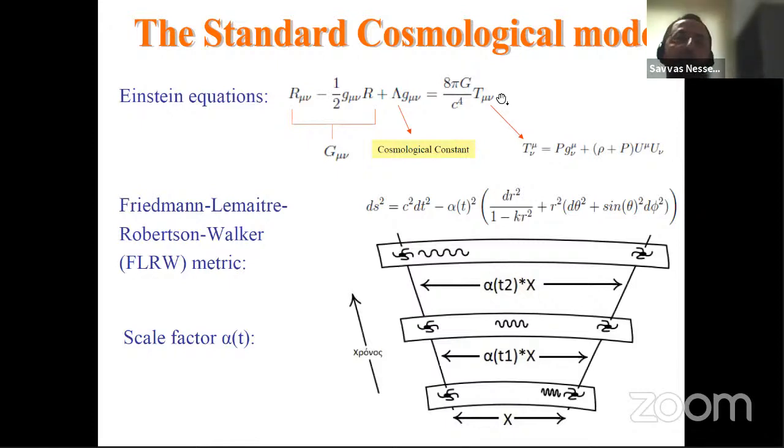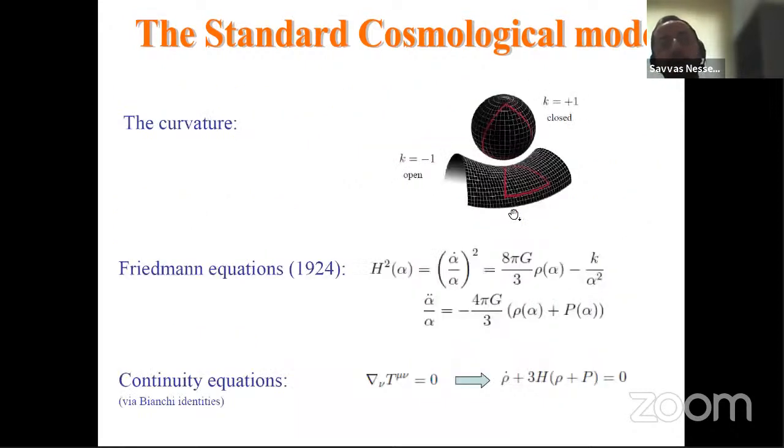And also, it's based on the assumption that the universe is homogeneous and isotropic on very large scales, which implies that we can use the Friedmann-Lemaitre-Robertson-Walker metric, which depends on the scale factor, a function of time, and tells us how the universe is expanding on large scales. And of course, it depends on the curvature.